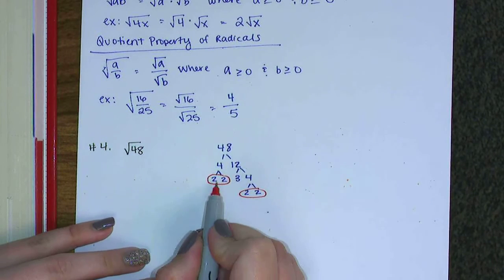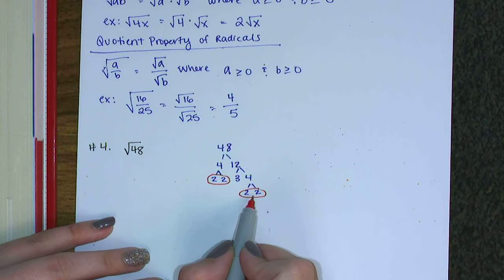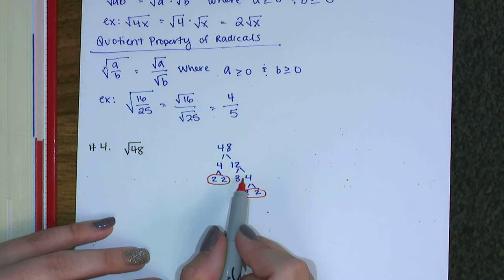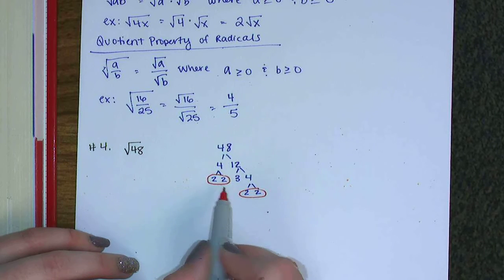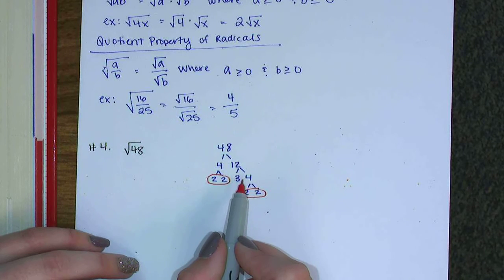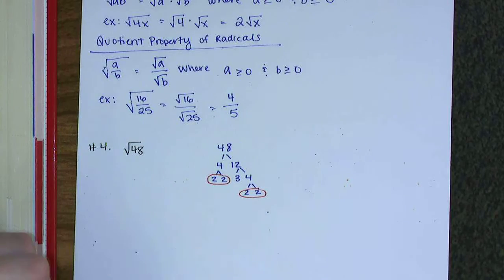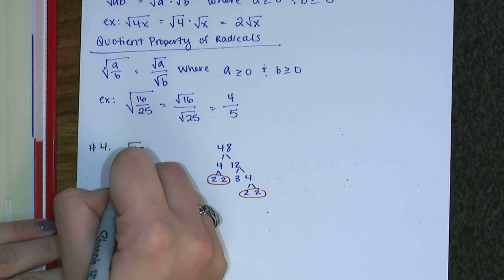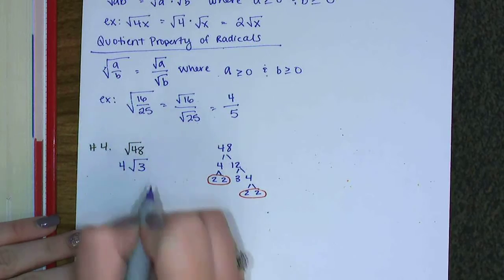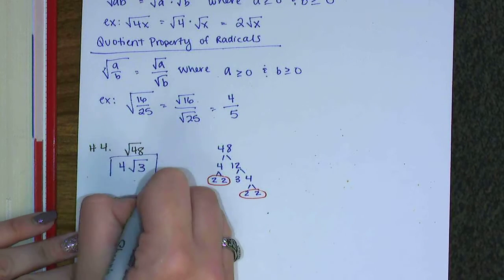I have 2 2's here, and I have another set of 2 2's, but then I just have a 3 by itself, so I can pull out a 2, I can pull out another 2, and then leave the 3 inside, so that I end up with 2 times 2 is 4, times the square root of 3, and that's the answer.